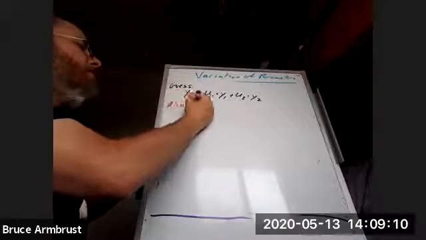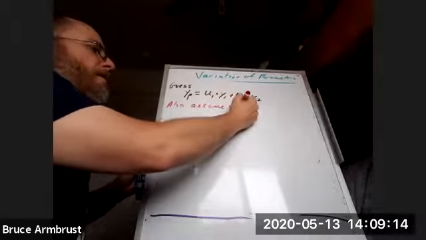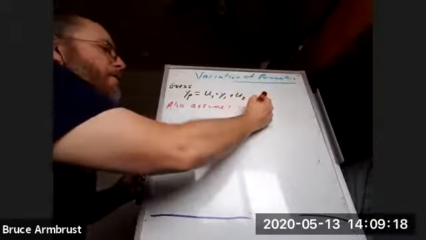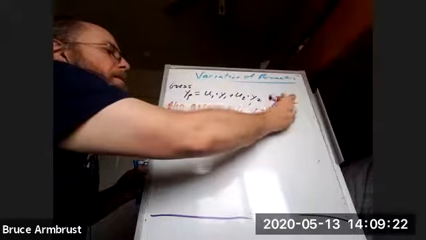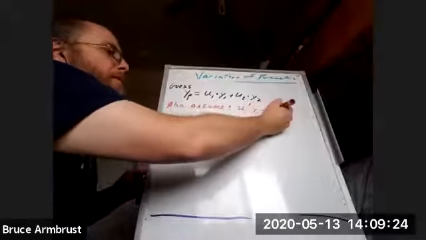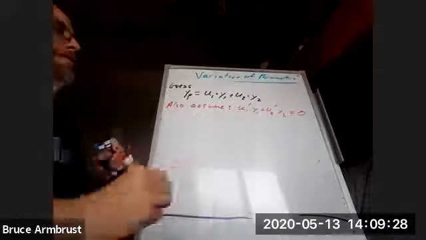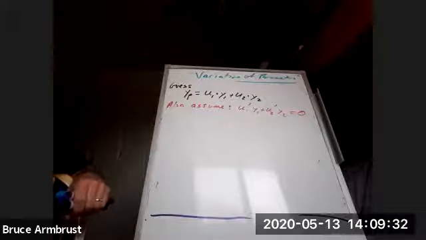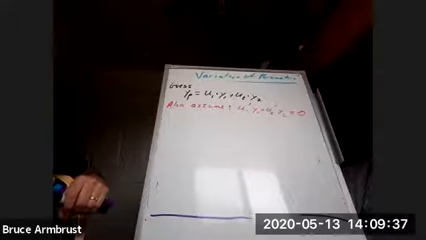So we're also going to assume that u1 prime times y1 plus u2 prime times y2 equals 0. Why I'm going to assume that, you'll see in a minute.